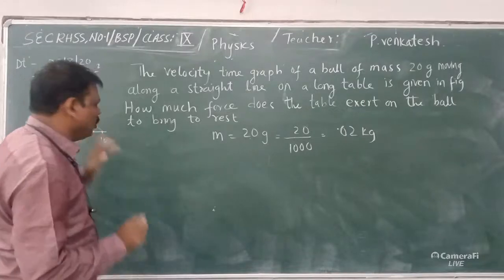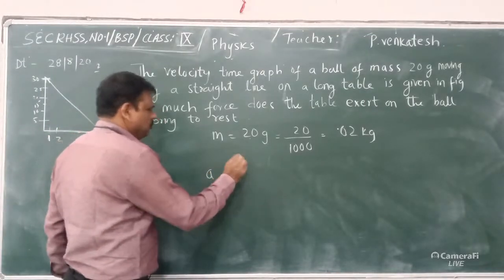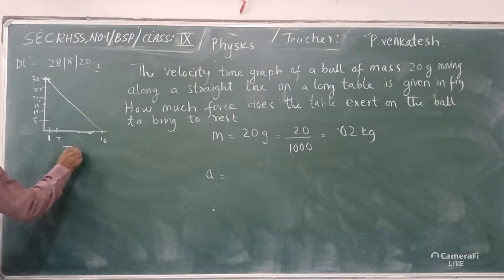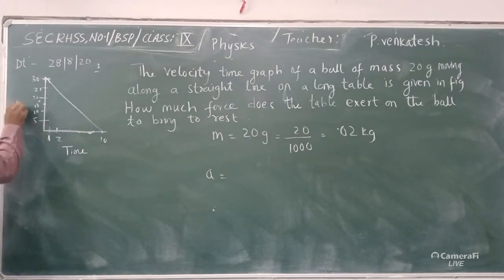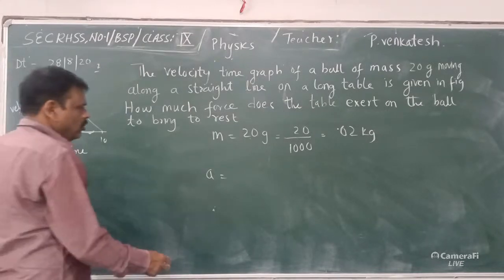Now for this, when the velocity time graph is given, A equal to... now how to find this one? This is time and this is velocity. A equal to velocity upon time. That is final velocity minus initial.